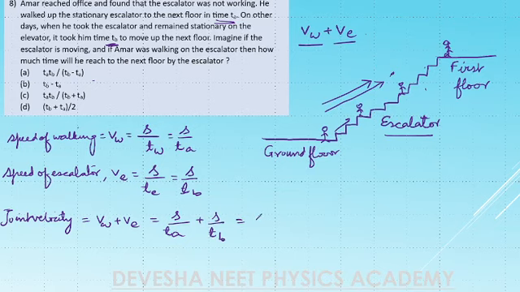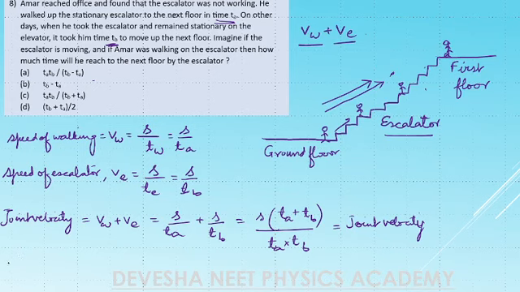So if you do the LCM, it becomes S times TA plus TB upon TA into TB. So this is the joint velocity, or the combined velocity, of the escalator and the person combined.